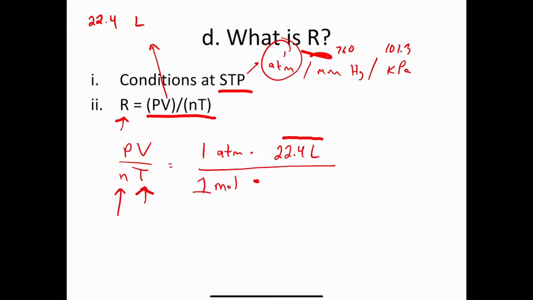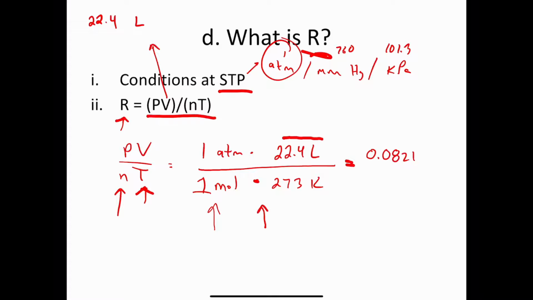And what's your temperature at STP? Remember, you have to use Kelvin, so it has to be 273 Kelvin, all right? So when you multiply across and divide this problem that we just came up with, you're going to end up with a number, and this is a constant. It's always going to be 0.0821. And now what unit is it, right?